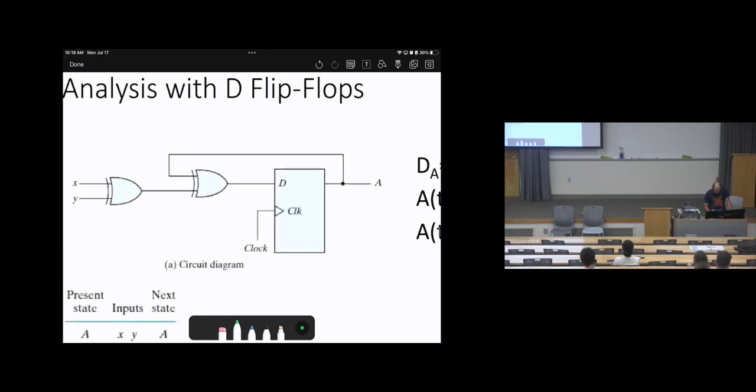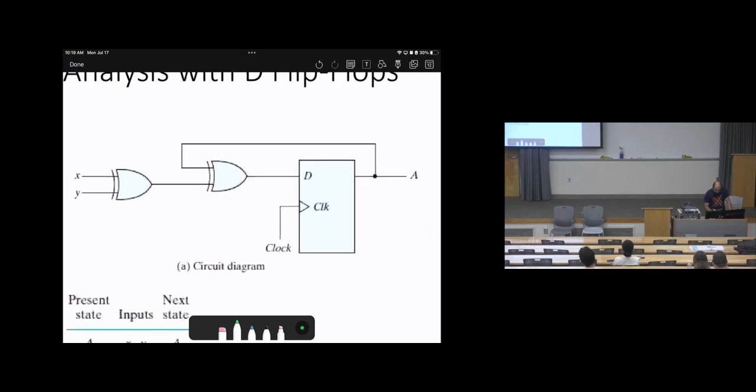So here, this is X, here is Y, this is X exclusive OR with Y. Then there is feedback: this is A, it will go here, so it will be X exclusive OR with Y, exclusive OR with A. This is equal to D, and since we are with a D flip-flop, A star will equal D, and D here is actually X exclusive OR with Y, exclusive OR with A. Okay? Do you agree with me on this?